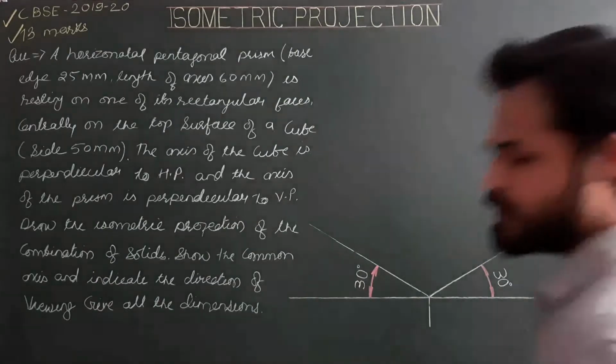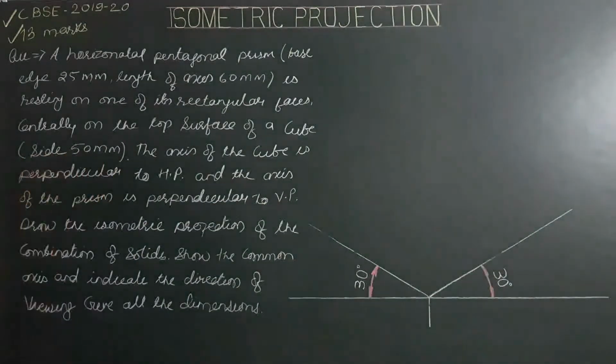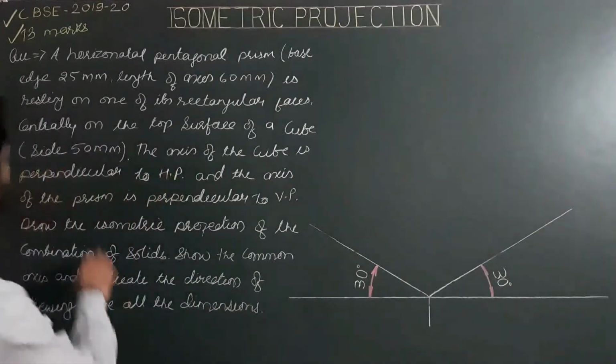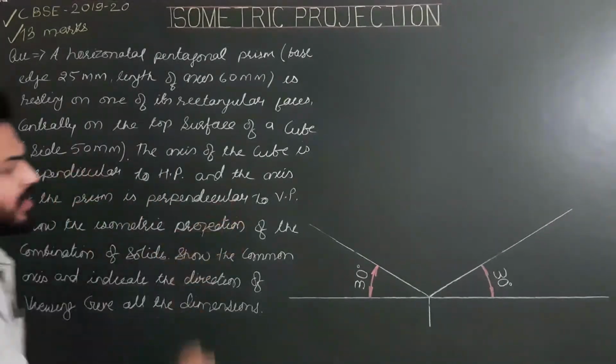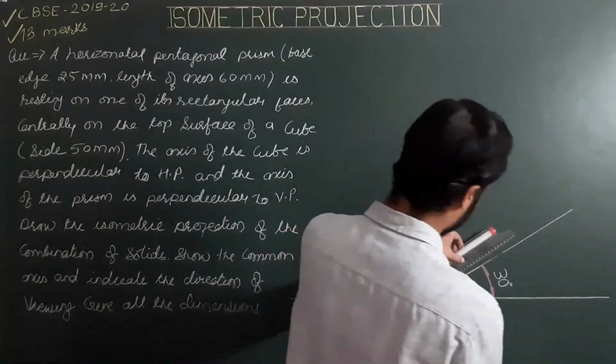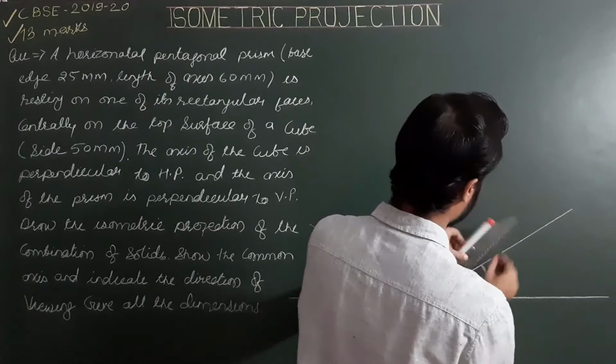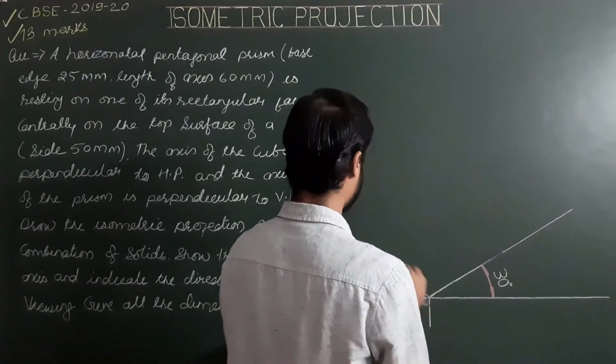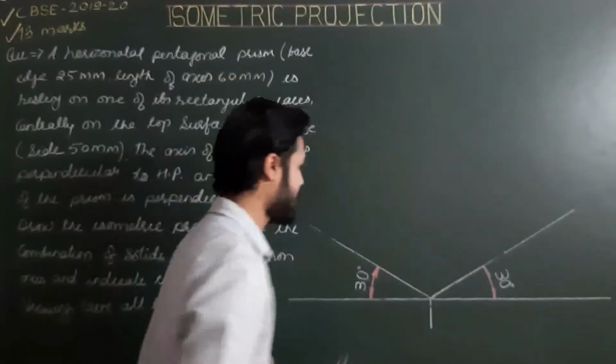So for the cube, side is 50 mm. Marking limits of ISO 50 for side 50 along the first and second ISO axis: ISO 50 along the first ISO axis and ISO 50 along the second ISO axis.